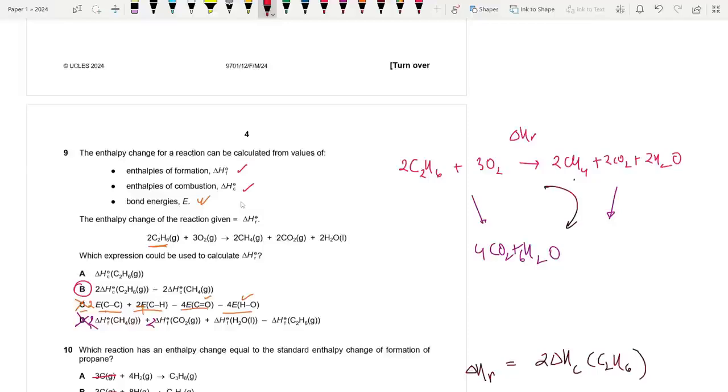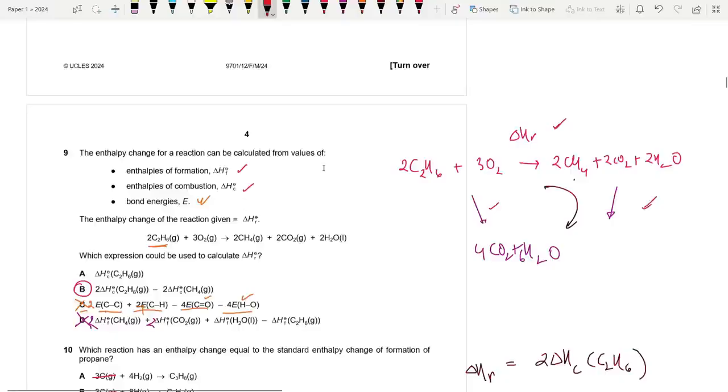So here's how it goes. If you burn C2H6, that's the direct route to get carbon dioxide and water, and the alternate route is converting C2H6 to CH4 followed by burning CH4. Okay, so this plus this plus this will be equal to this essentially.